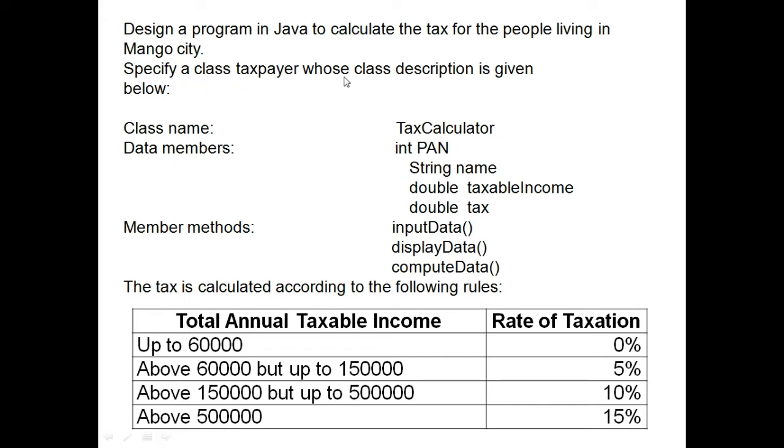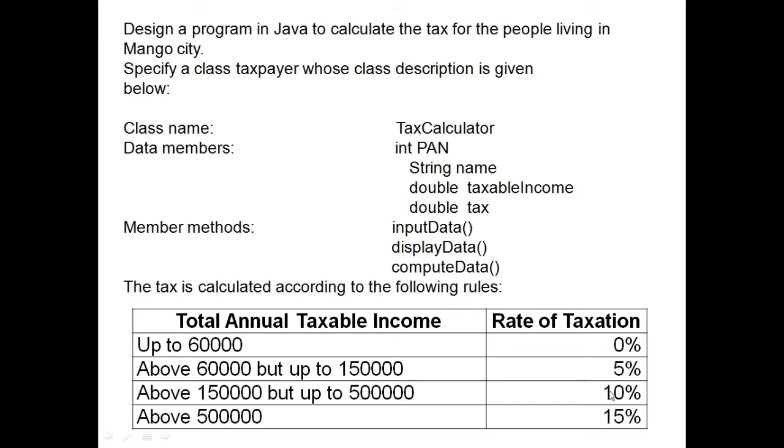Specify a class taxpayer whose class description is given below. Class name is given as tax calculator, the same name we have to use. Data members are int pan, string name, double taxable income, double tax. These are the data members. Member methods are input data, display data and compute data.